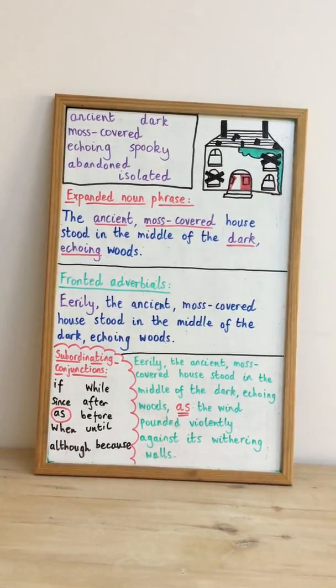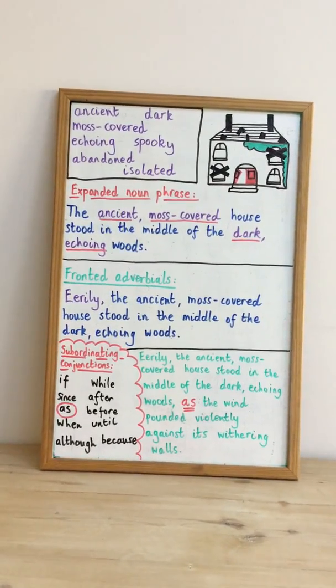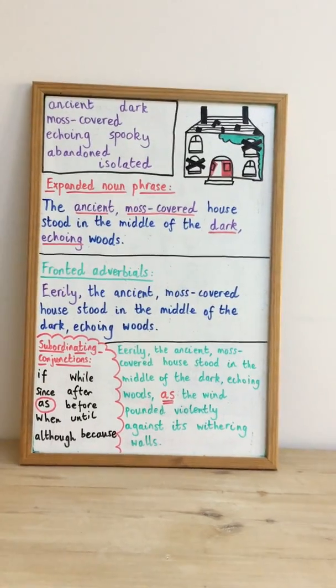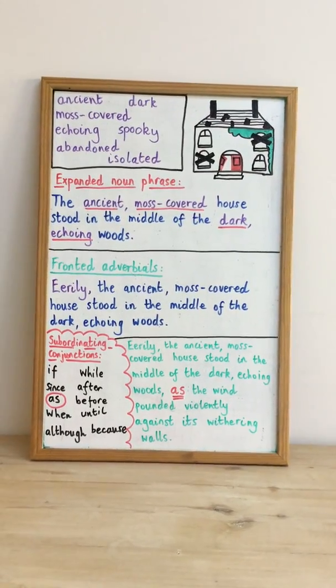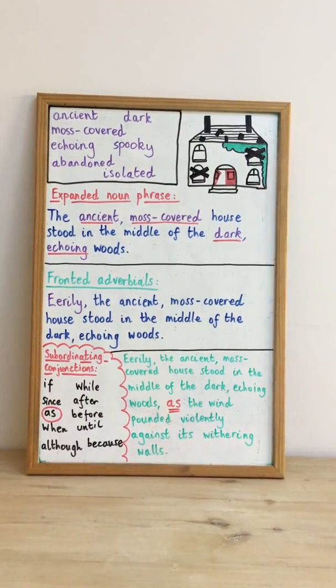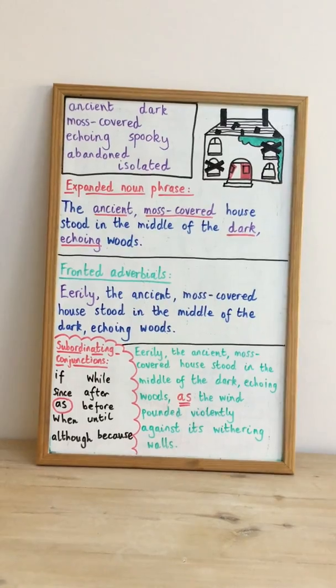Notice again, I've used a comma after my fronted adverbial, and now my sentence not only has two expanded noun phrases, but a fronted adverbial at the beginning of it. The final thing we're going to try to do to enrich our writing is to use subordinating conjunctions.